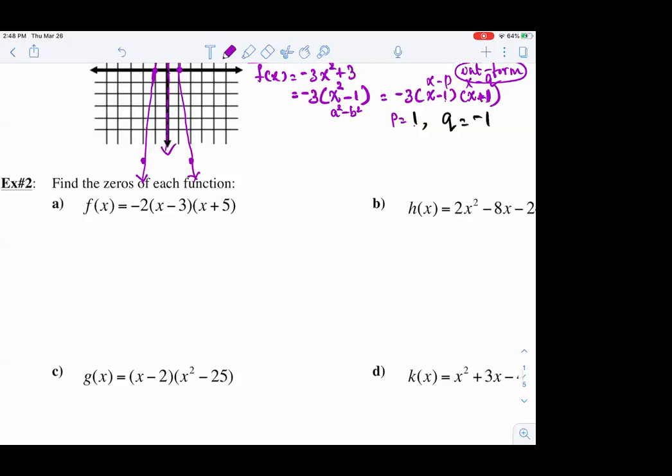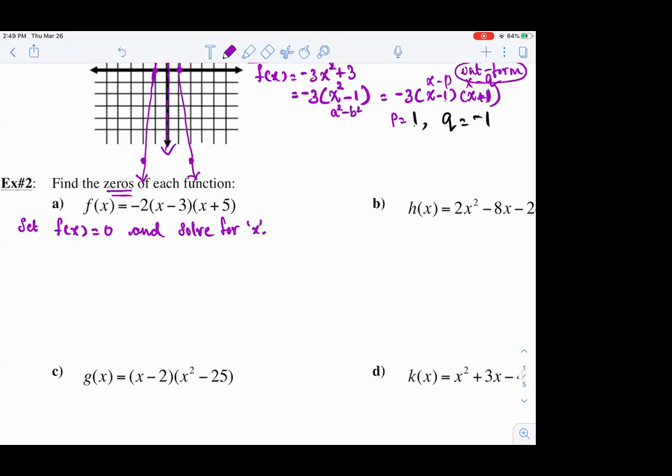Yeah, so what they're asking is, when you're asked to find the zeros, they're asking, okay, when is f of x equal to 0? So what do you have to do? When is the function 0? So you set f of x equal to 0 and solve for x, similar to the warm-up for today.